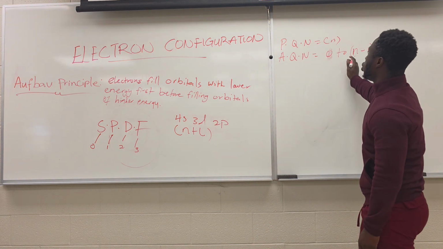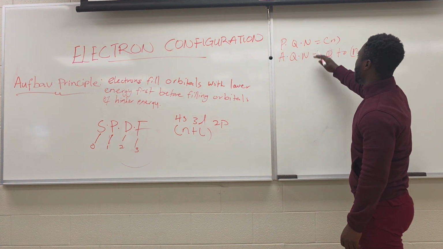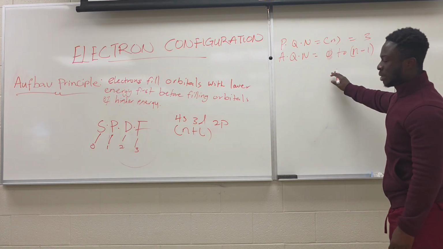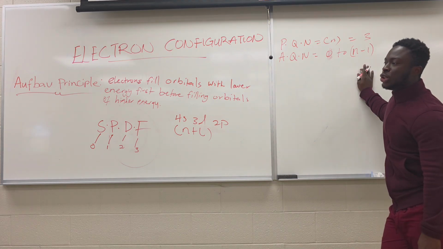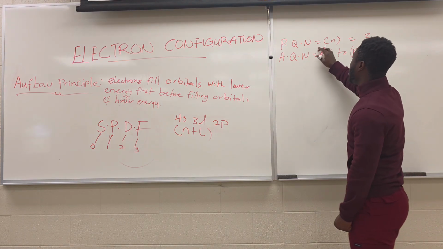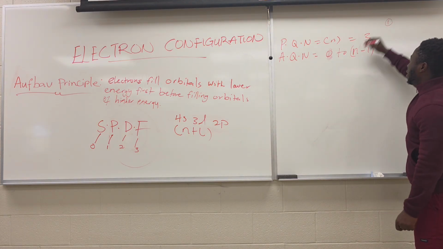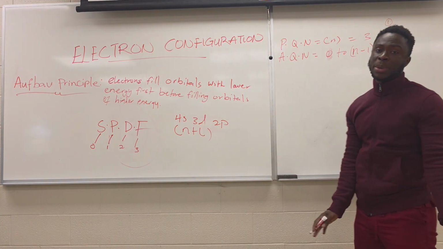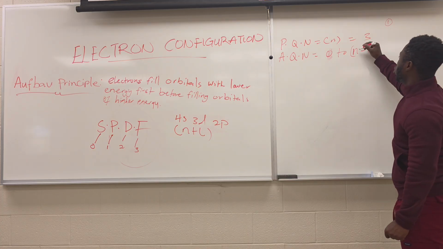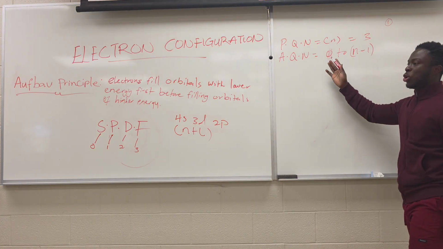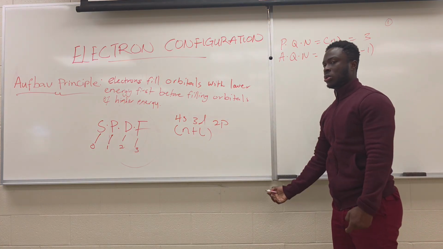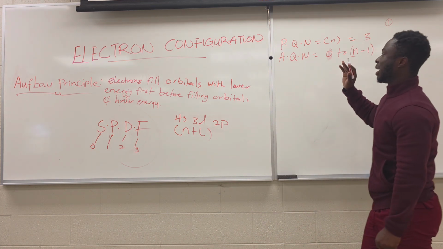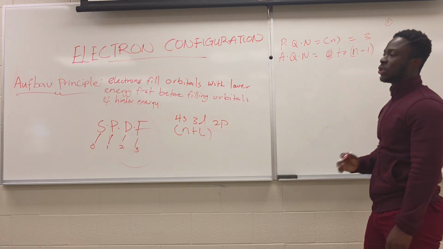One thing to keep in mind: unless the principal quantum number is 1, the azimuthal quantum number is always a set of numbers. If it is 1, then 1 minus 1 is 0, so from 0 to 0 is just 0. But if it is any number aside from 1, the azimuthal quantum number is always a set of numbers.